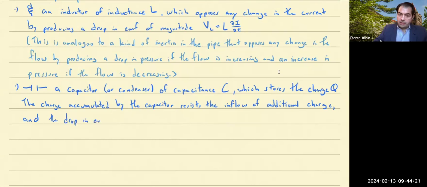And the drop in EMF arising in this way is V sub C equals 1 over C times Q.